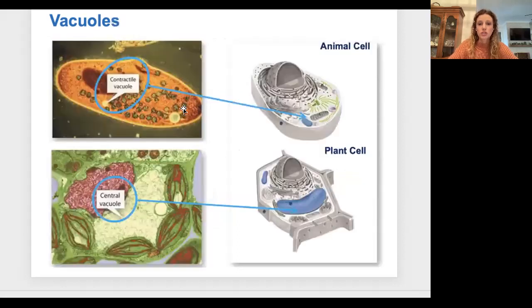Okay, so the contractile vacuole, so this is like in animal cells, this allows it to expel food, waste, and other materials, where the jelly bean, the plants soak up more water than we do. So they're going to need this big central vacuole in order to get rid of water and store extra water. Okay, so you can't really tell in the microscopic images, but in the basic learning organelle images, you can tell it kind of looks like a jelly bean.